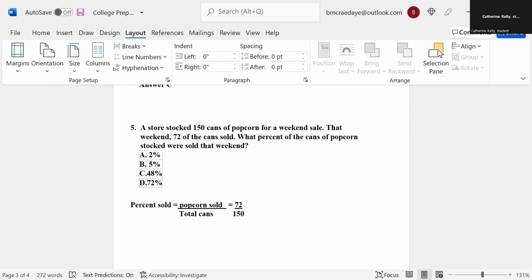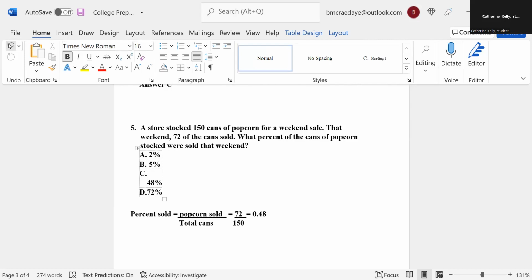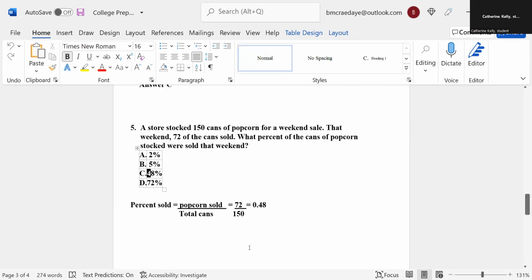What's the decimal, Catherine? 0.48. Yeah, 0.48. How do you convert from a decimal to a percent? You have to move the decimal over to the right.